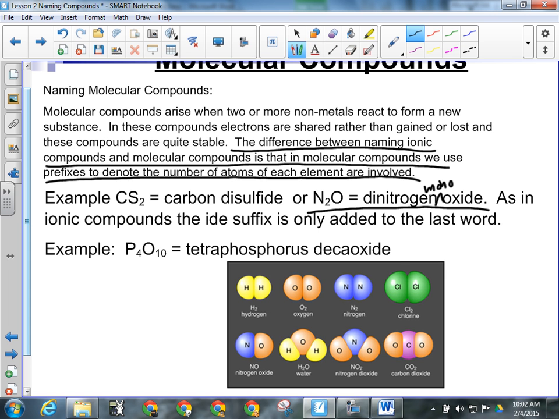And sulfur bonds with itself 8 times and comes as S8 when it's by itself. So all of those, they come as 2s, 4s, or 8s when they are alone. That doesn't mean they always come that way in a compound. They don't. But when they're by themselves, they bond with themselves, so they're not lonesome. Everybody with me there?